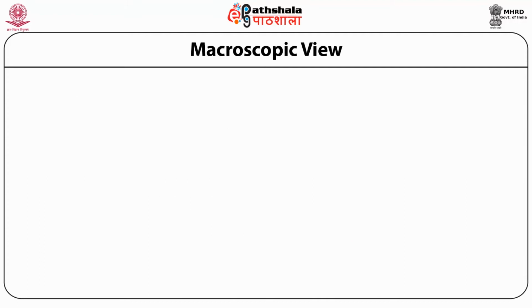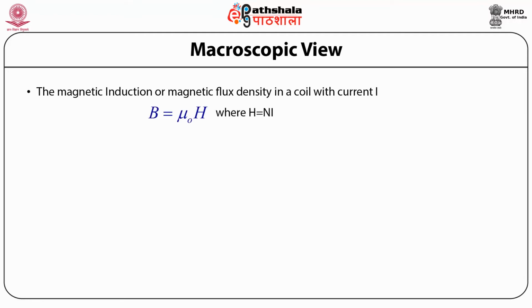Macroscopic view of magnetization. We will refer to the same geometry here, in which we consider a current carrying coil. We define magnetic induction as B, which is equal to mu naught H, where mu naught is the magnetic permeability of vacuum, and its value is equal to 4 pi into 10 to the power minus 7 henries per meter.